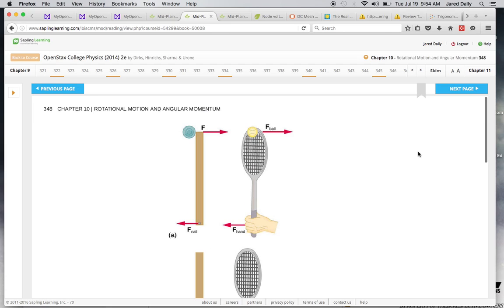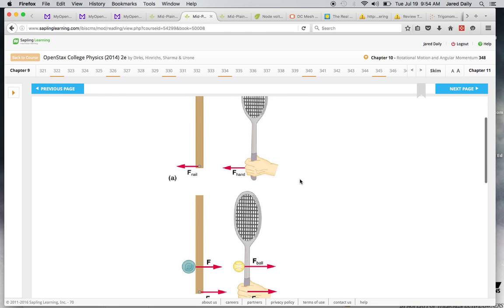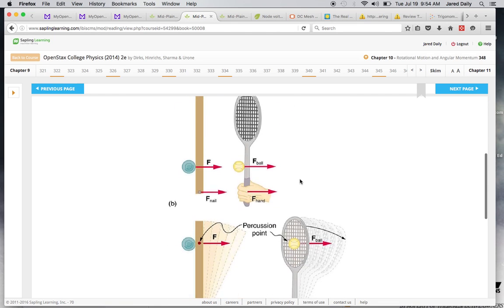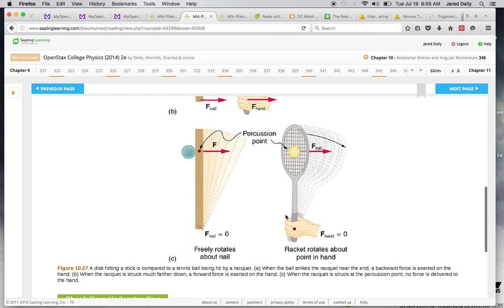Here we have an example in sports where you're holding a racket or a baseball bat or whatever it is that you're holding, and you apply a force to it by hitting it with a ball in some situation. And these things are designed so that if you hit the ball in the right place, you have very little movement because the racket is going to rotate around the point where you're holding it.